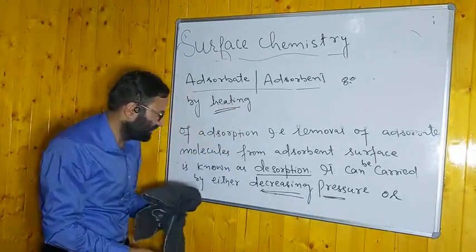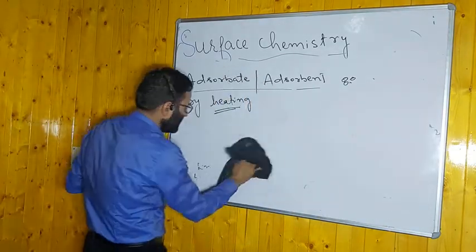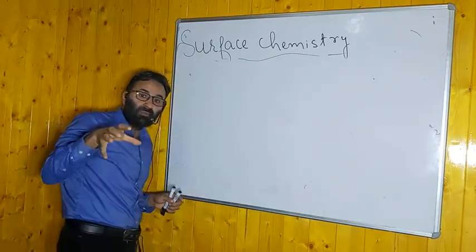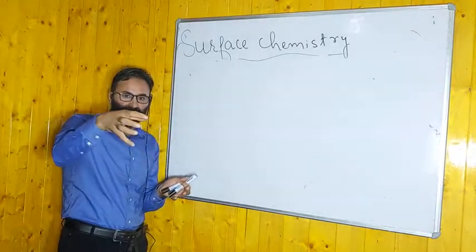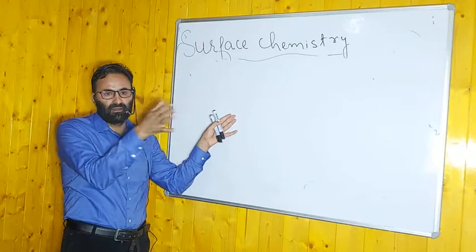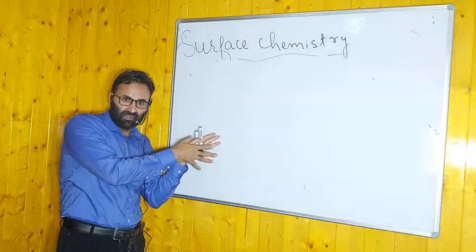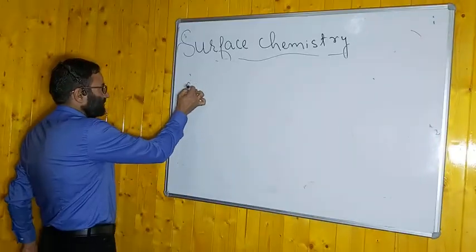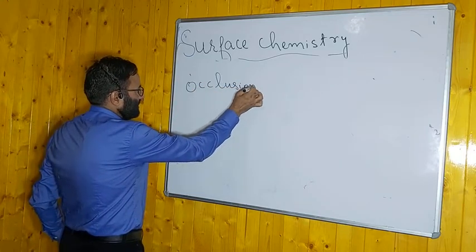Remember this point. You can also mention if gas gets adsorbed on the metal surface. For example, adsorbate is gas, adsorbent is metal surface, iron, copper, whatsoever. Adsorbate is gas, adsorbent is metal, that is known as occlusion. You can mention the fourth term, occlusion.